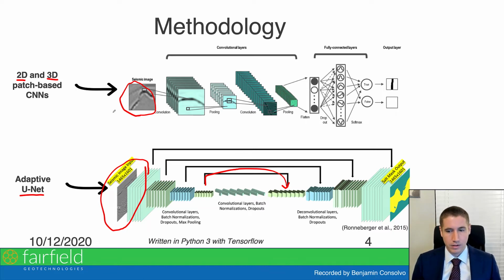Overall, the purpose of the neural network is to abstract and learn the relationship between the pixels, and that's mainly accomplished by these convolutional layers.